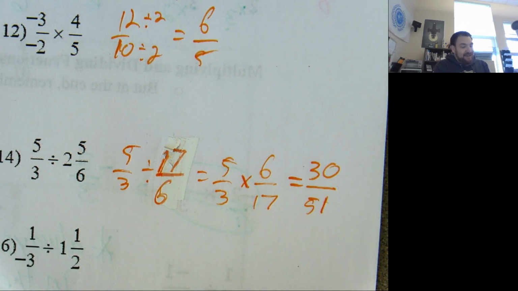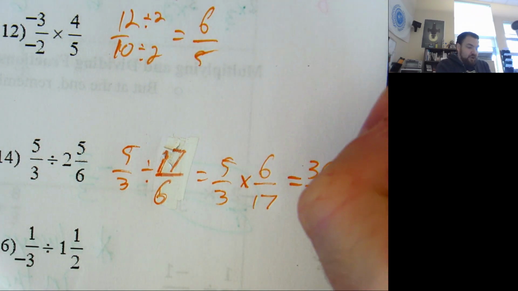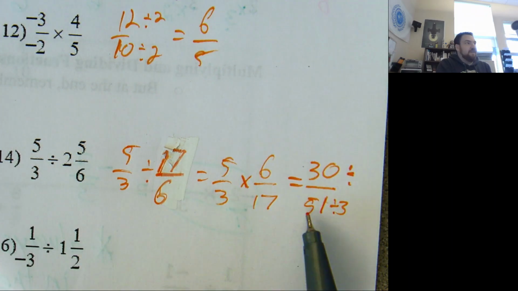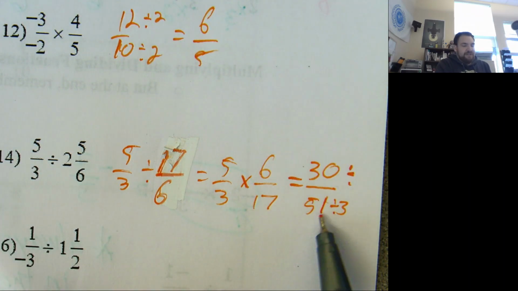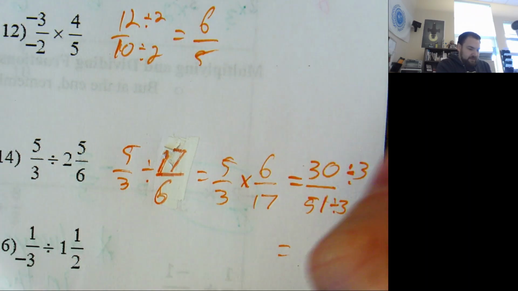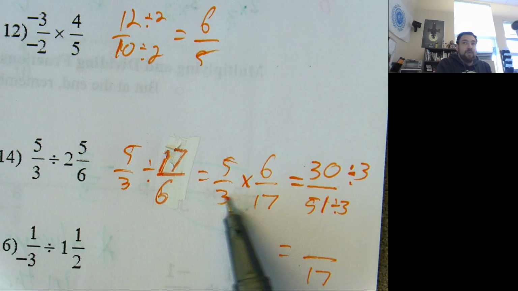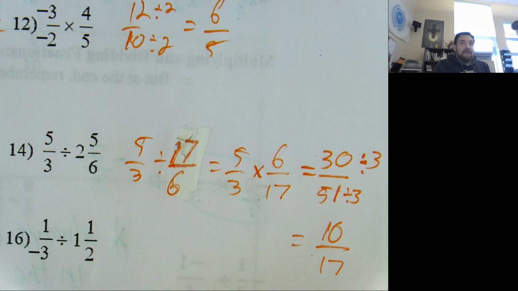But it is technically not done because 51 is divisible by 3. Which you can see here, because how did we get to 51? We did 3 times 17. So of course 51 is going to be divisible by 3. It's going to be 17. I'm just undoing what I did to get here. And then 30 divided by 3 is 10. And that's question 14.